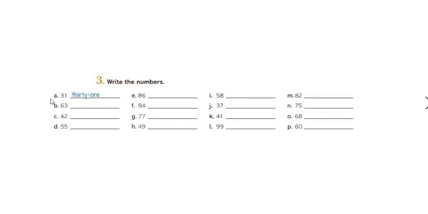Write the numbers. A. 31. B. 63. C. 42. D. 55. E. 86. F. 94. G. 77.